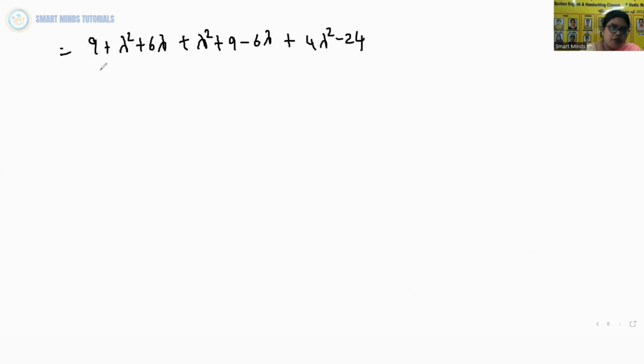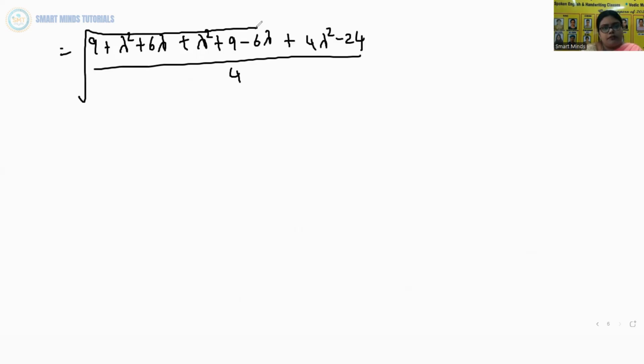Now let's simplify this. You get 9 plus lambda square plus 6 lambda plus lambda square plus 9 minus 6 lambda plus 4 lambda square minus 24, all by 4 under root. If you further solve this, you will get 6 lambda square. The 6 lambda and minus 6 lambda get cancelled. If you solve the constants, you get minus 6 by 4 under root.